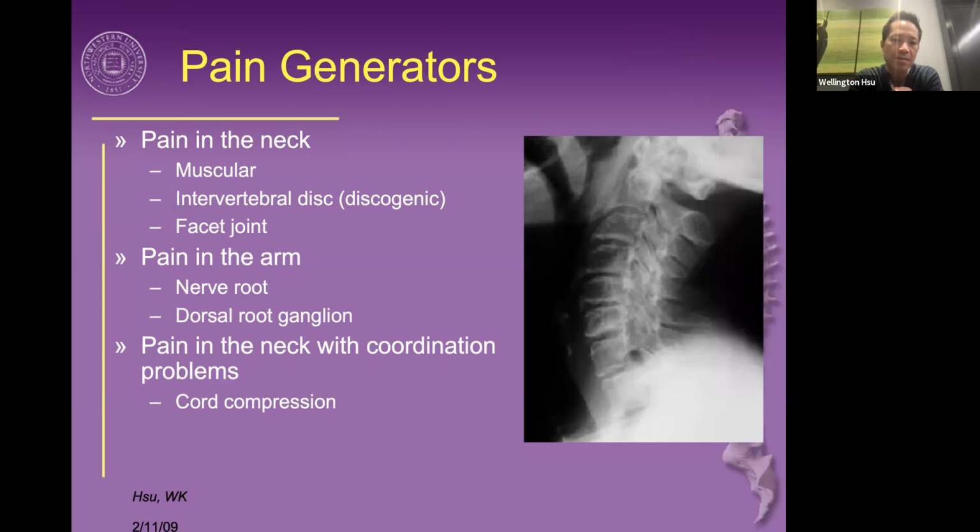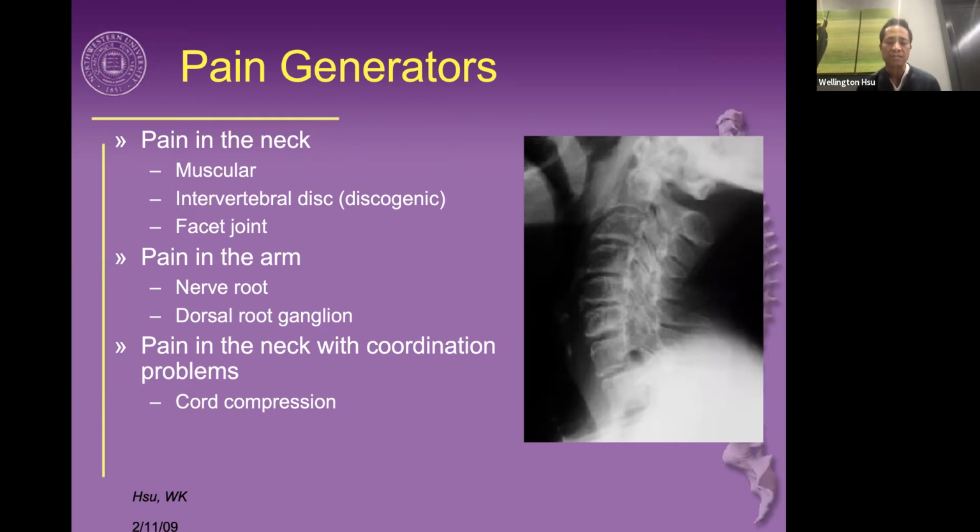So pain in the neck can be from any number of things: the muscles around the neck, the intervertebral disc, the facet joint. Whereas pain in the arm really leads down a pinched nerve type of phenomenon. And those who have a pinched nerve tend to be more acute, and certainly can be more debilitating, which may lead down a path of surgical treatment.